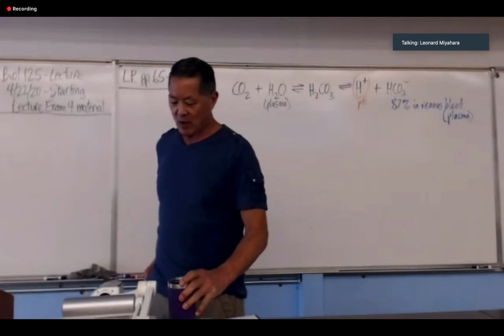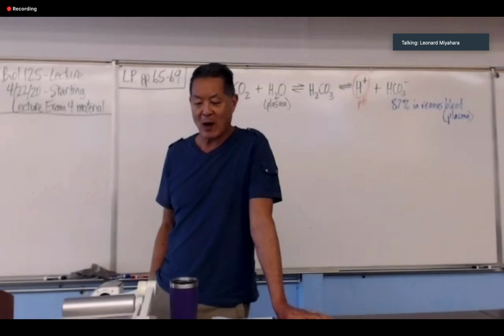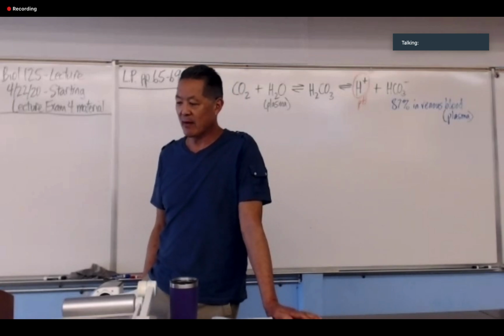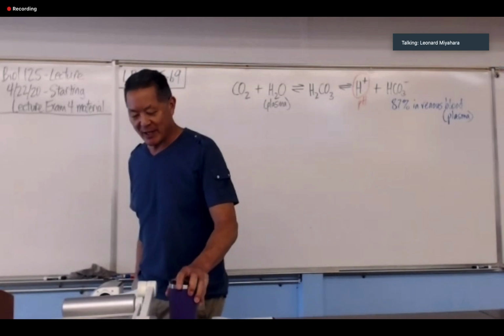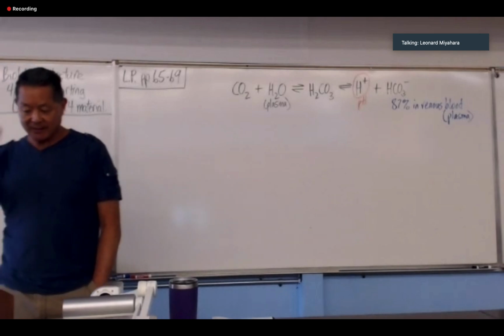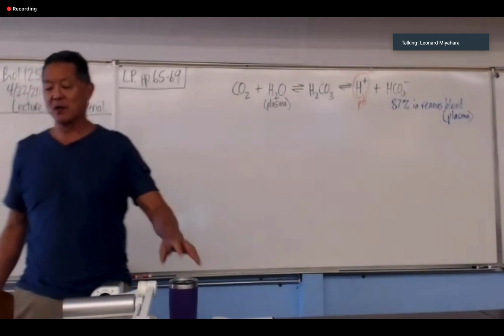It's not bound to the heme group. It actually will bind to various amino acids of the globin protein. Okay, and we call that carbaminohemoglobin. 7.2%. And then the remaining 5.8% is also in the plasma.